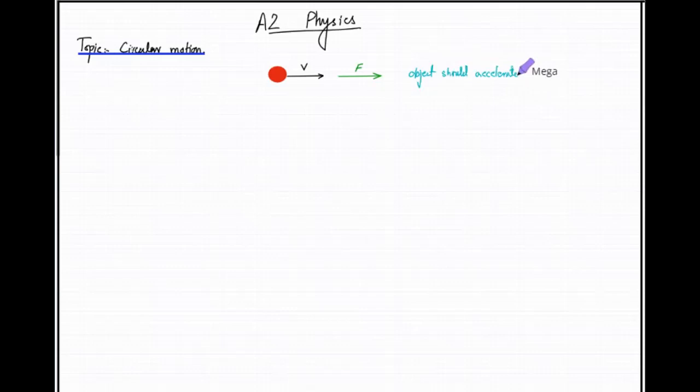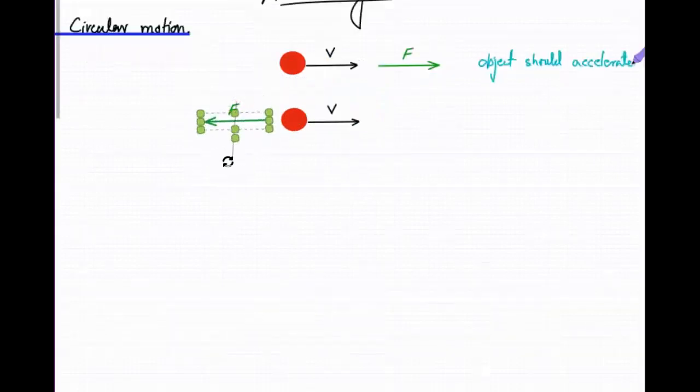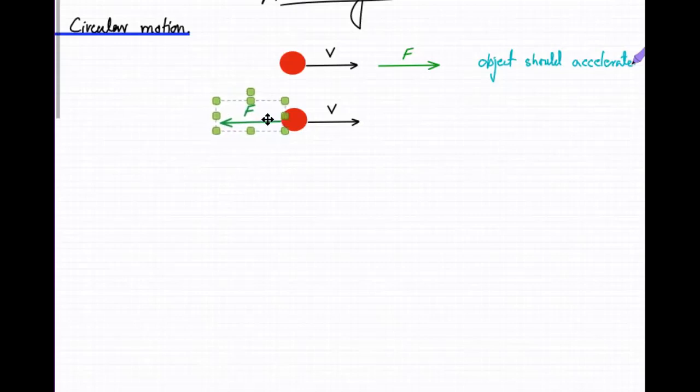Now, what if the same situation is there, but instead of this force acting this way, let's see if this force acts in the opposite direction. What will happen? Now, this is how the force is acting on the object, not in the same direction as the motion of the object or velocity of the object. It is acting opposite to that direction.